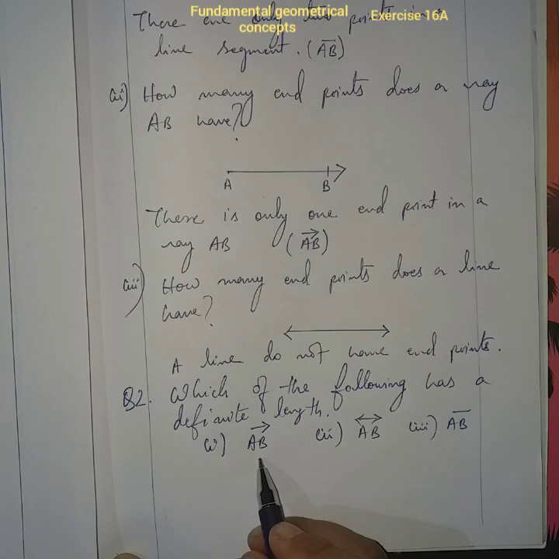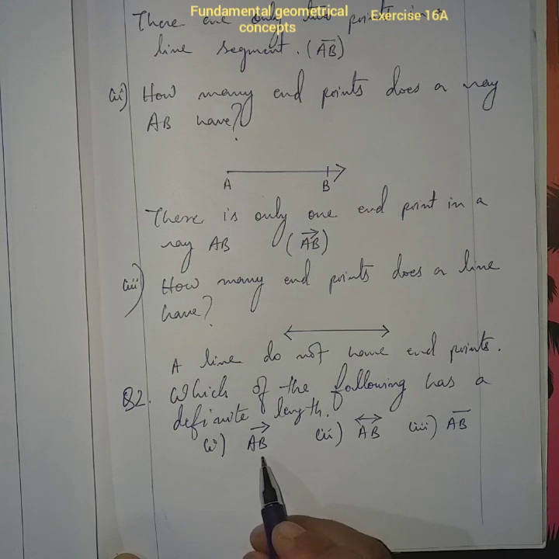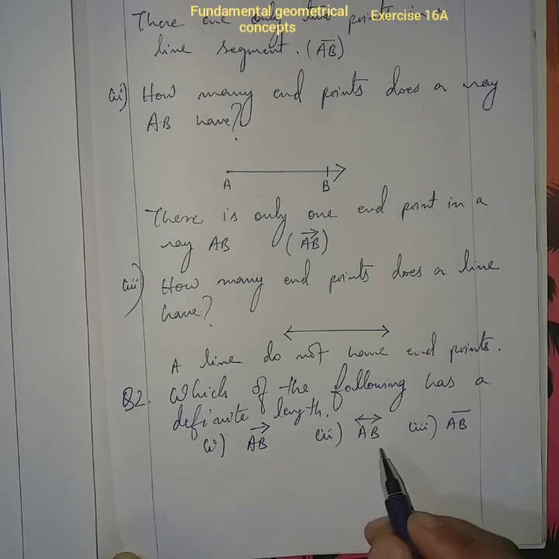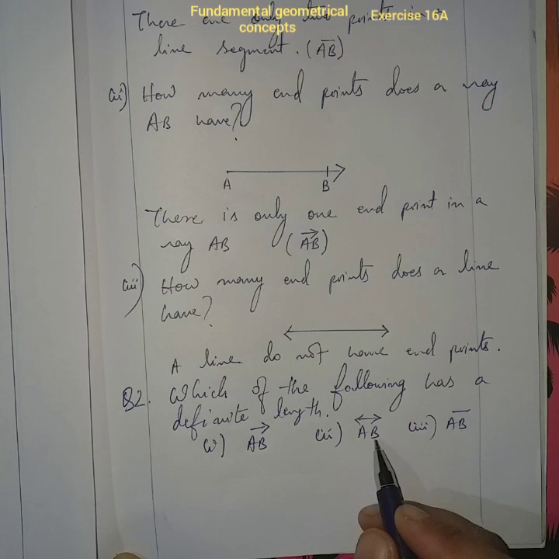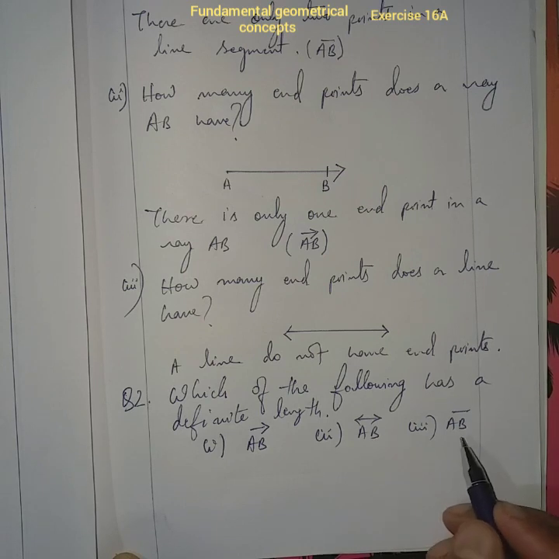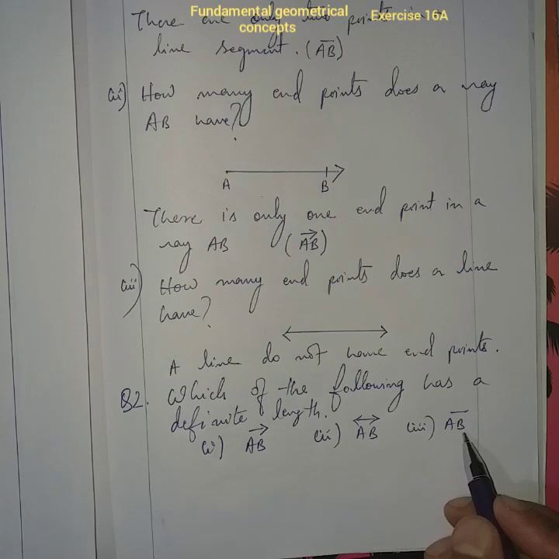A ray has one endpoint and it moves in one direction and has no end point. Okay, so therefore it is not having definite length. This is a line, it represents a line. A line extends both the ends, so it does not have definite length. This is a line segment which has starting point and end point.